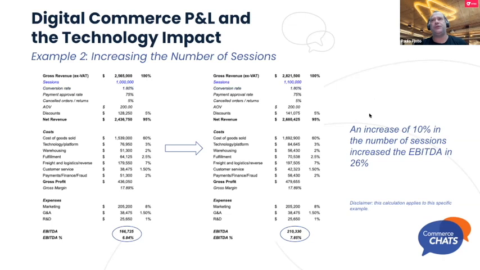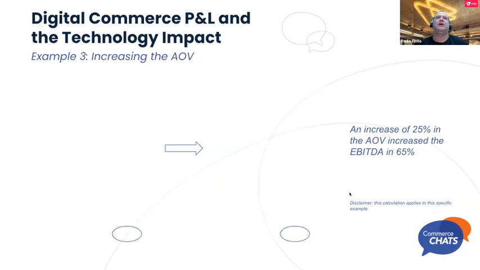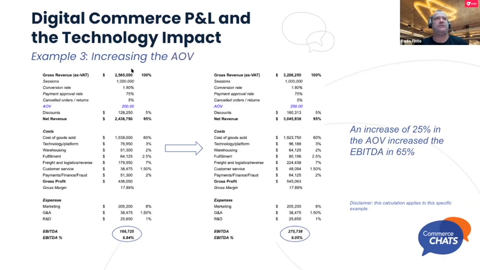Another example here is increasing the number of sessions. Let's say that from 1 million, we go to 1.1 million. Everything else remains the same, right? It increases your EBITDA by 26%, for example, right? The next one is, okay, let's increase the AOV from 200 to 250.